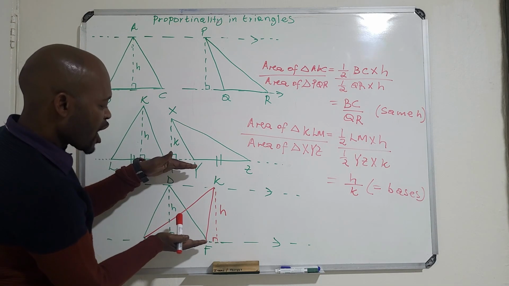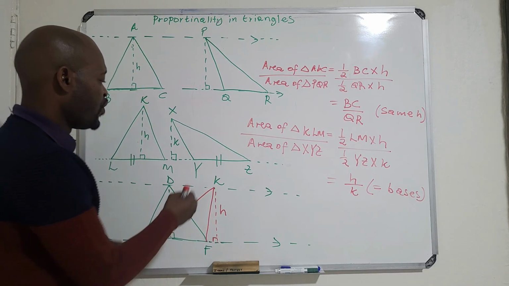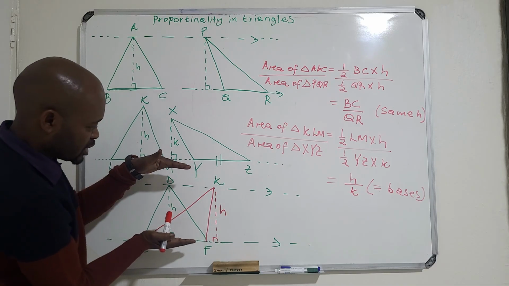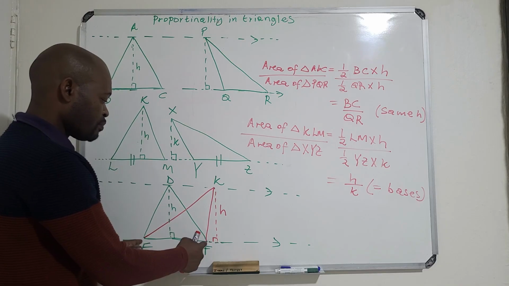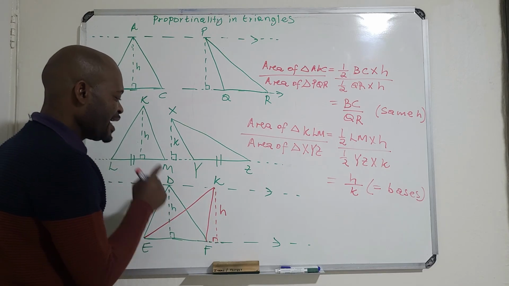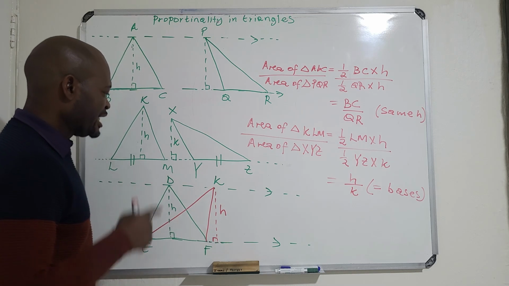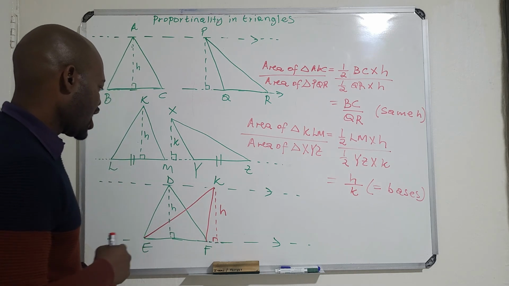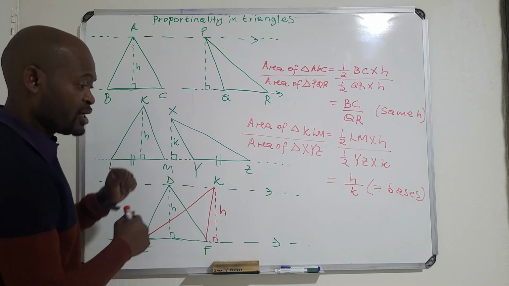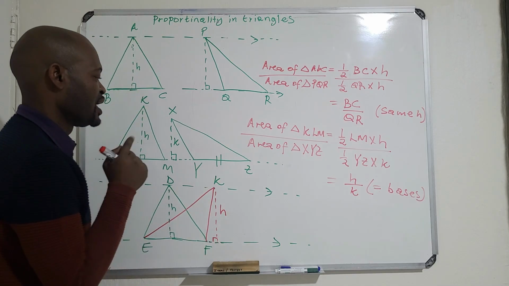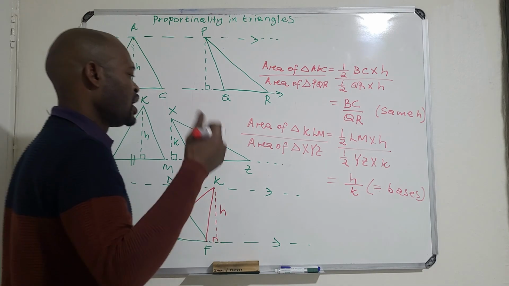When two triangles are between two parallel lines, it means that they have the same height, and if they have the same base, then the area of triangle DEF is equal to the area of triangle KEF. Since they have the same height and the same base, the areas of these triangles are equal. Let's see that.